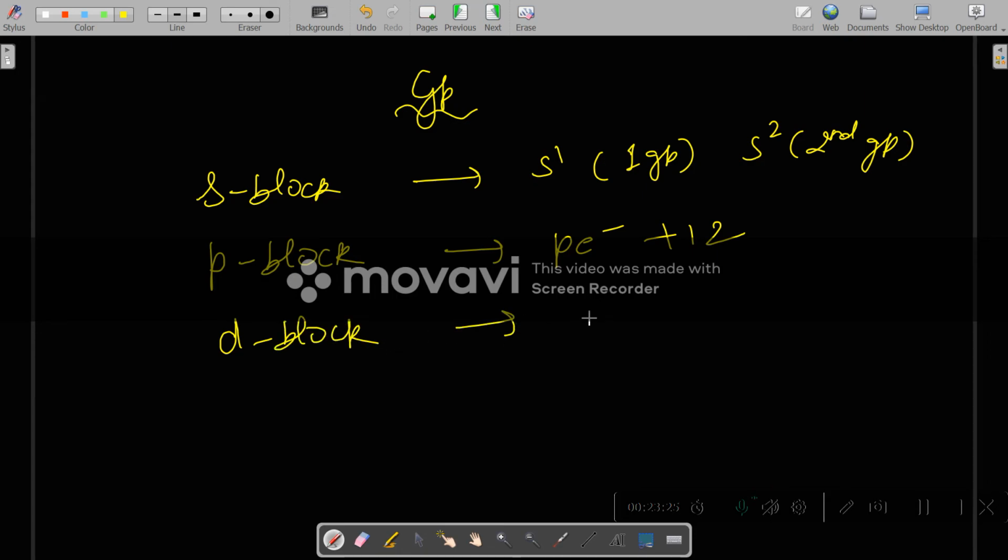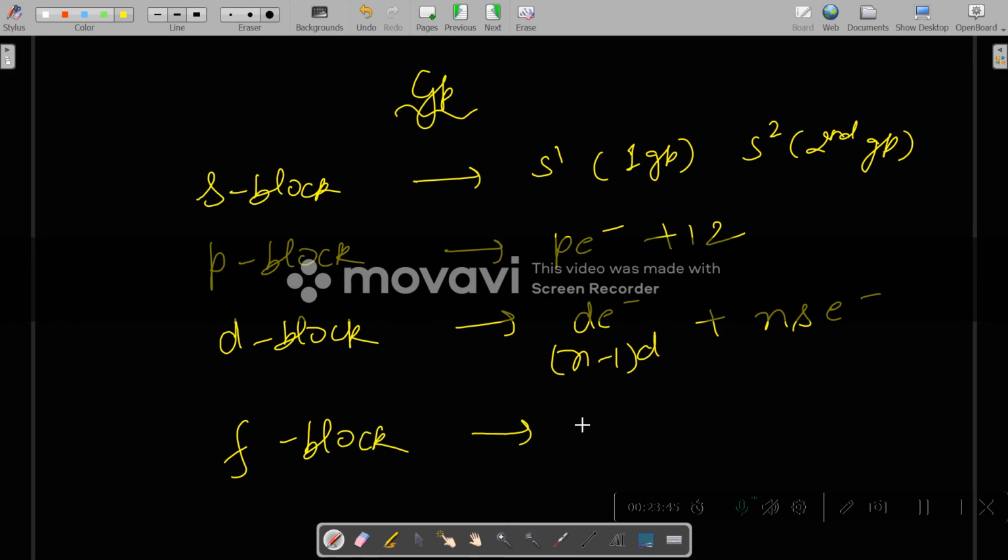For D block, the group is the (n-1)d electrons plus the ns electrons, that is, D electrons plus S electrons. And for F block, if the last electron enters F, that is F block. F has only one group, that is which group? Third group. I hope it is clear.